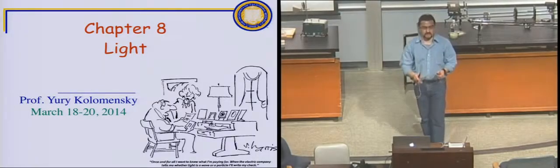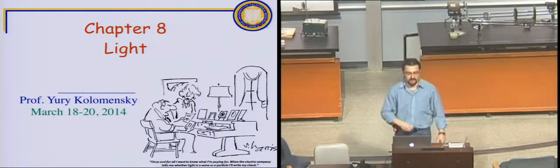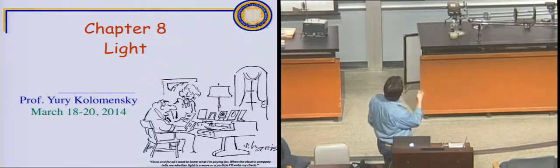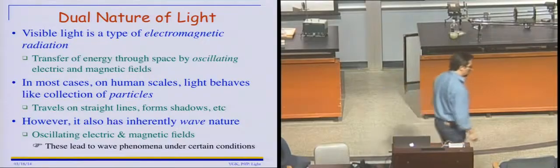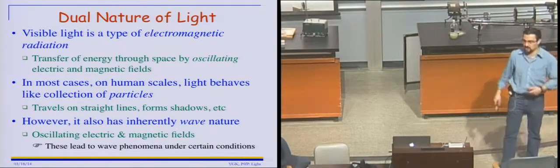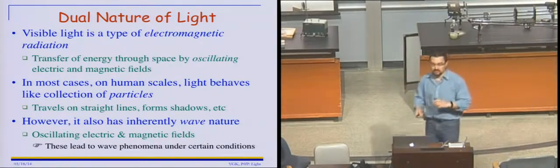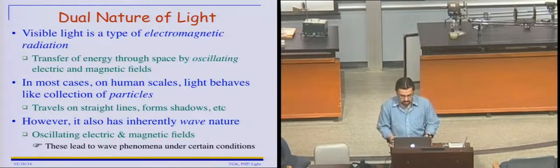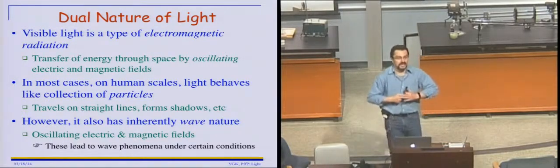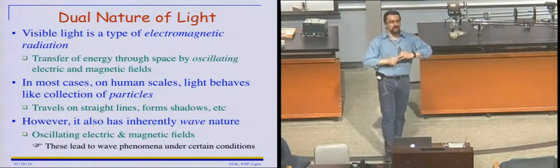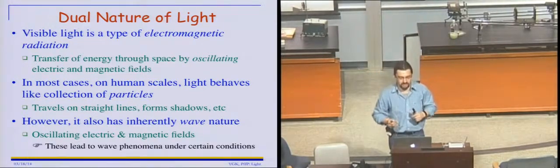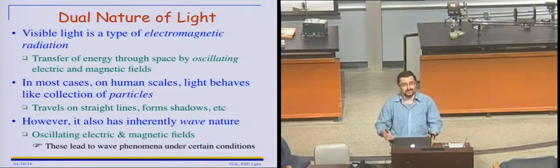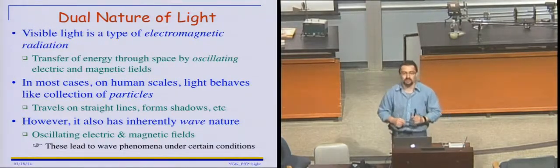So let's talk about light. There's this cartoon from, I think, a New Yorker about the dual nature of light. Light is something that most humans, gifted with vision, perceive every day. So this is the first example of a wave, well, maybe the second example of a wave a human ever sees.